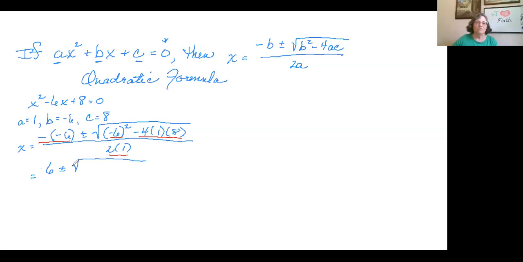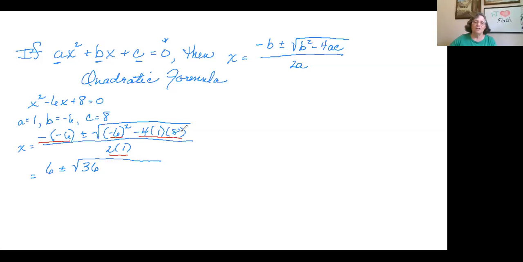Plus or minus the square root of -6 squared. This is the entire b, whatever it is, squared. So this will always be positive. This product could be positive or negative depending on whether or not the a and the c are negative. If one of these is negative and then you got this negative, it'll turn back to a positive.